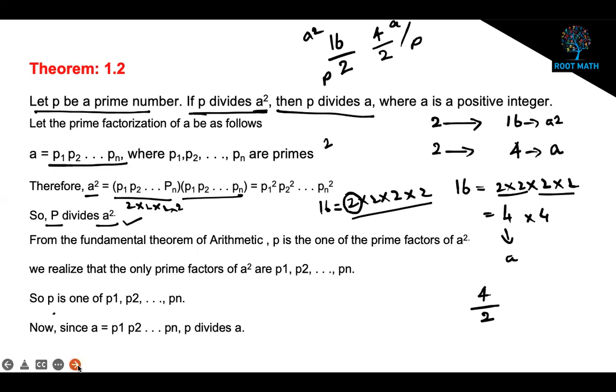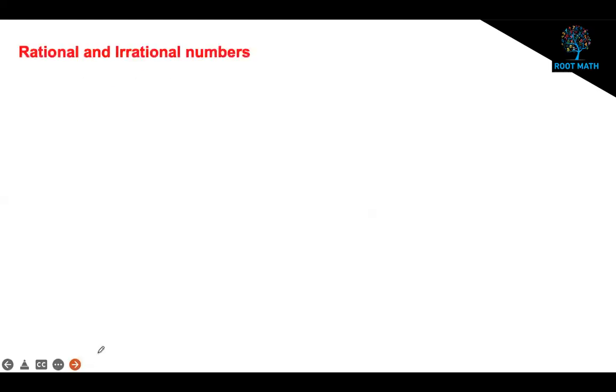Let's go for question number 1, the example. Before we go for the example question, we want to know what a rational and irrational number is. So here I have the rational numbers. Rational numbers are those which you can write in the form of A by B, where B is not equal to 0 and A and B are integers.